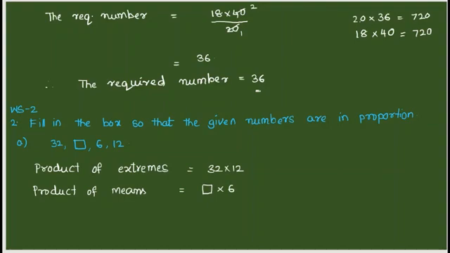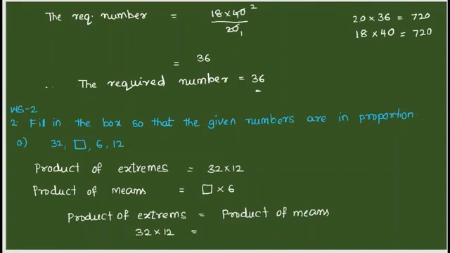Since the four numbers are given to be in proportion, we can take it for granted that product of extremes equals product of means. So we can write that 32 into 12 is equal to box of unknown number into 6.